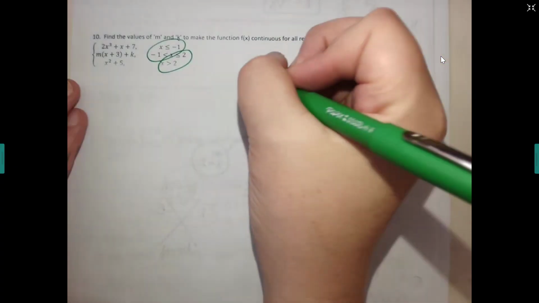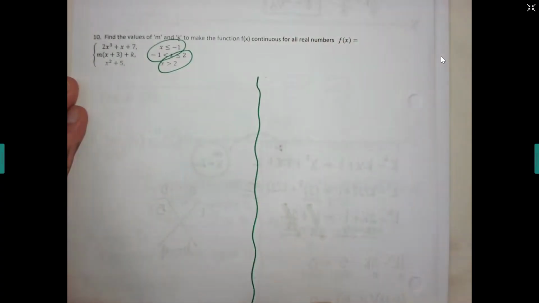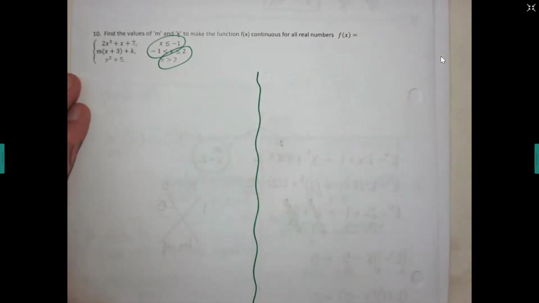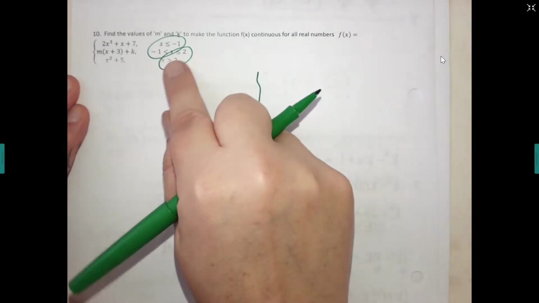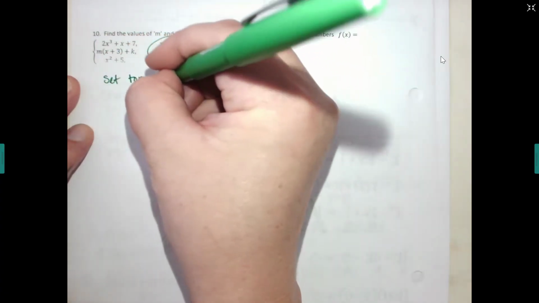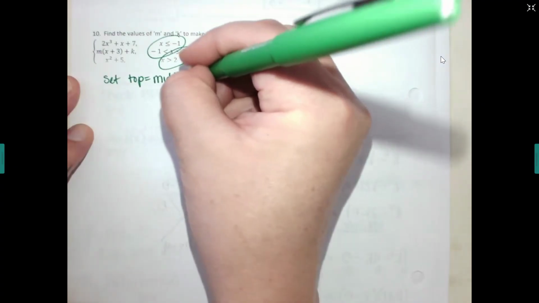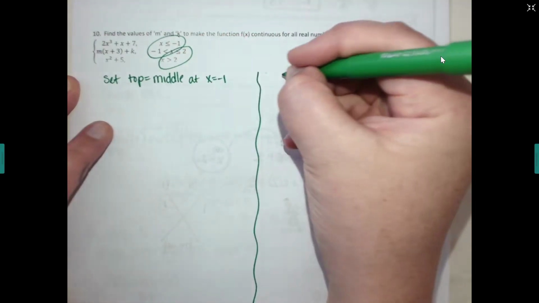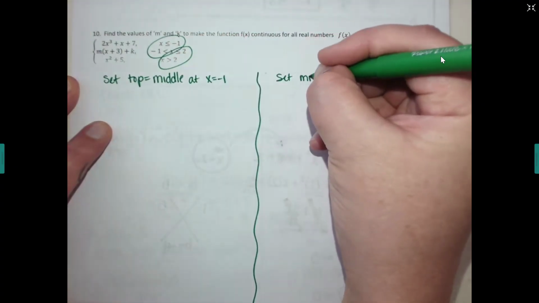So I'm going to kind of split my paper in half here. I'm going to let the negative 1 pieces equal each other and plug in negative 1. Then I'm going to let the 2 pieces equal each other and plug in 2. So we're going to set top equal to middle at negative 1. Then we're going to set middle equal to bottom.